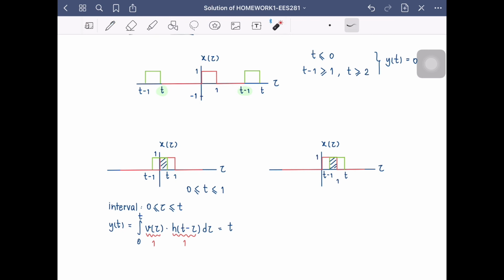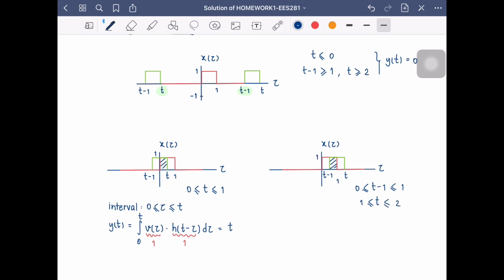Next, the overlap case on the right side. As we can see the overlap part there, we need t minus 1 to be greater than or equal to 0 and less than or equal to 1. Then we got t greater than or equal to 1 and less than or equal to 2.